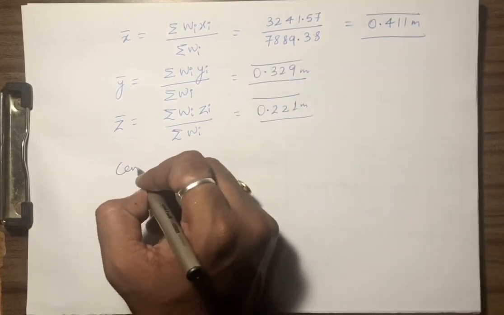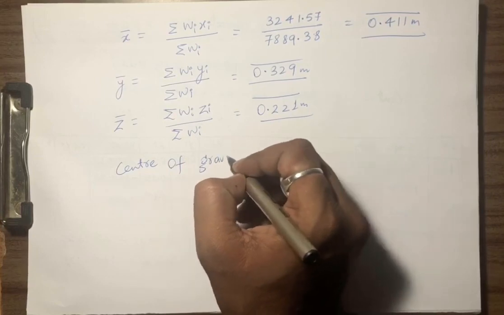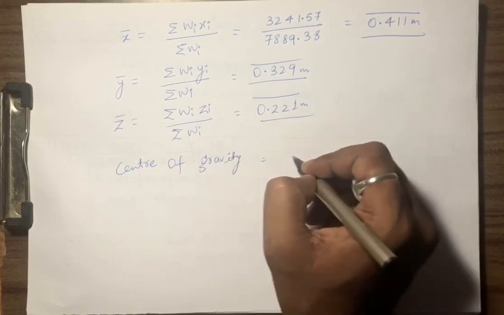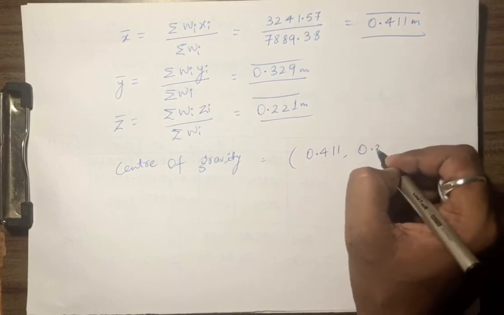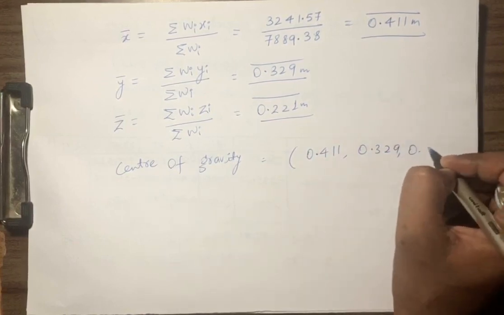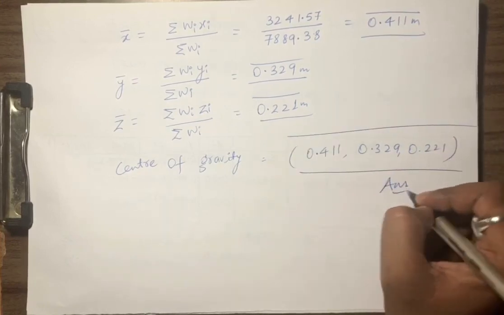So the center of gravity will be at 0.411, 0.329, 0.221. So this will be your answer.